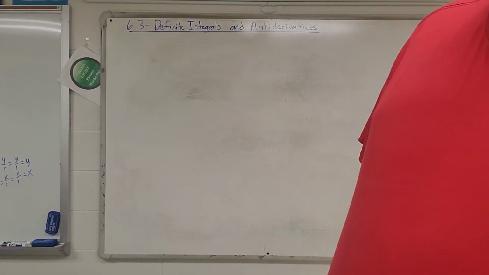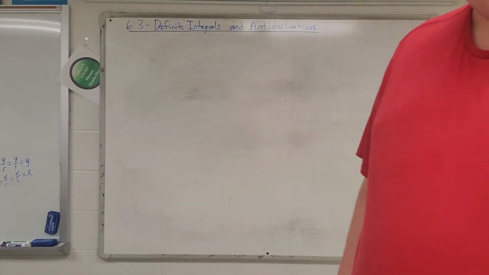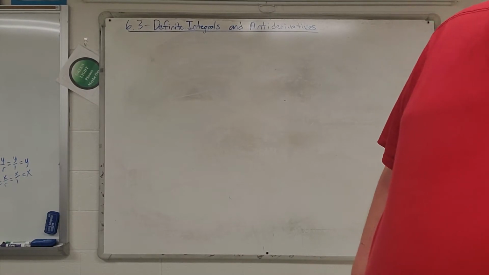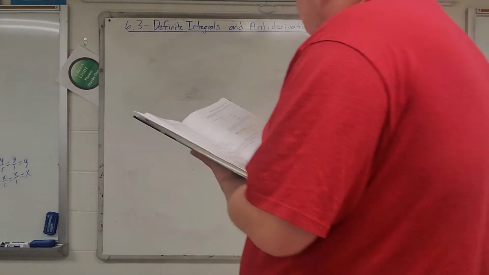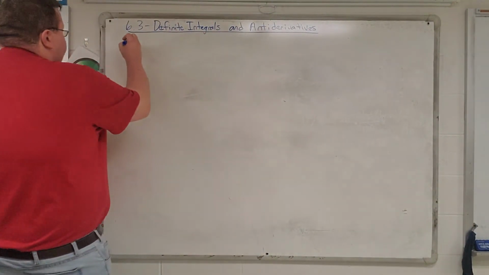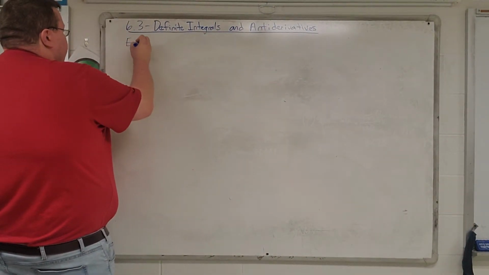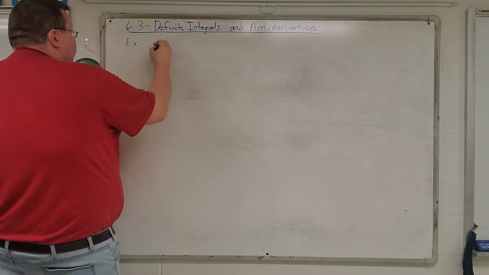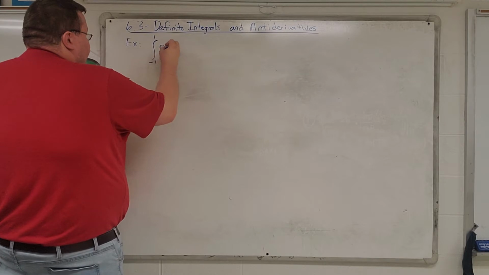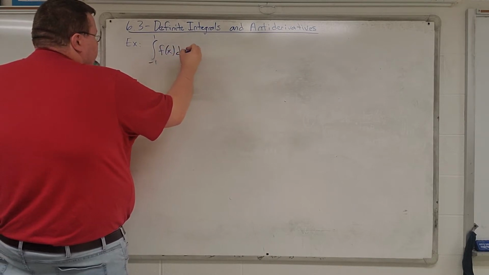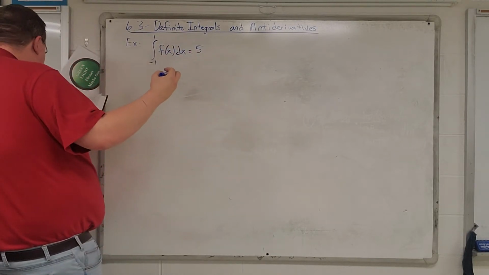All right, we're going to move on now with an example from those rules that you should have paused the video and copied down. We're going to be looking at an example of using those rules and those properties of definite integrals. So let's say, for example, I'm given the integral from -1 to +1 of f of x dx, and that's equal to 5.